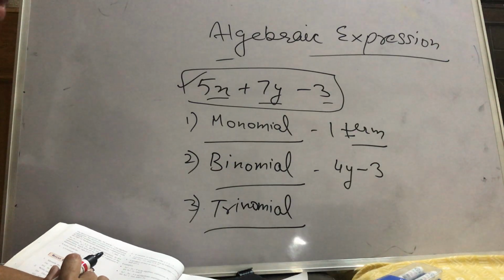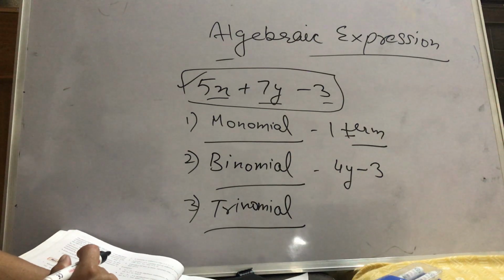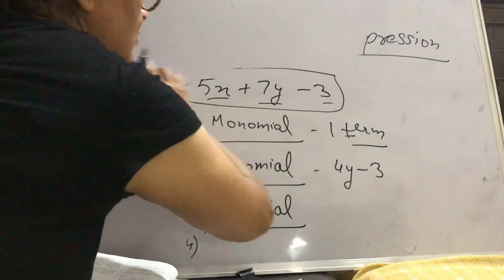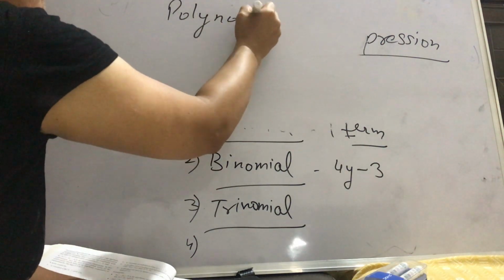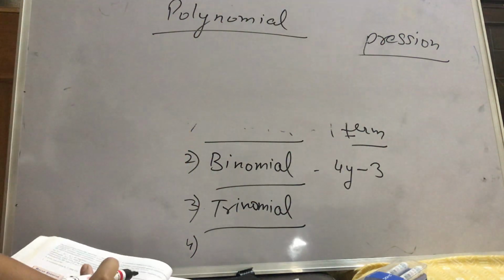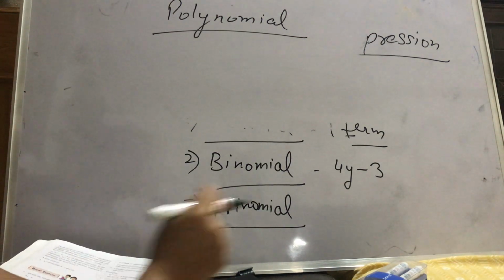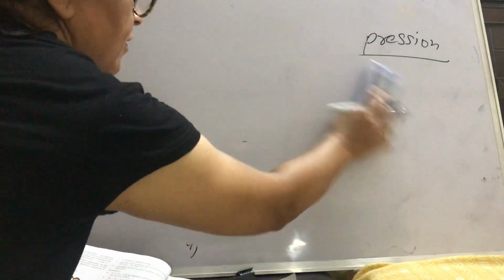This has three terms. And if an expression has more than three terms, that is called a polynomial. These are called the types of the expression.